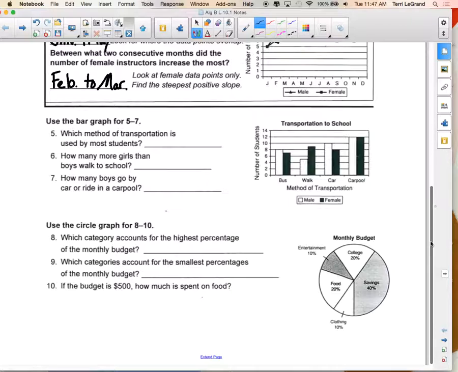And then start reading the questions and make good decisions. For both 6 and 7, you should be able to support your answers also.